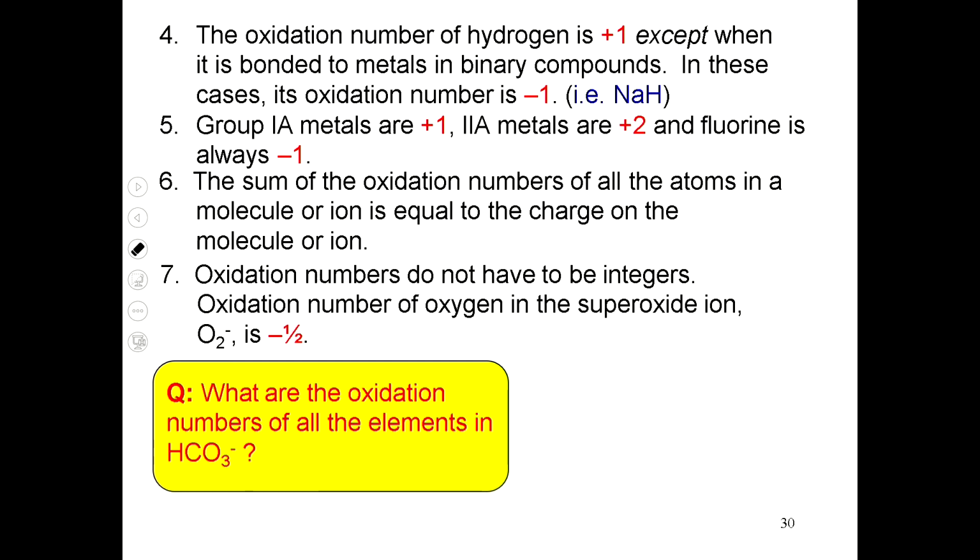After we figure out the charges of the common atoms, we can figure out carbon, because carbon can show more oxidation numbers. So in this one, hydrogen is +1 and oxygen is -2. What is the oxidation number of carbon?